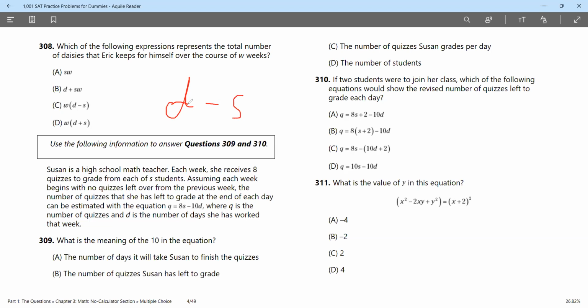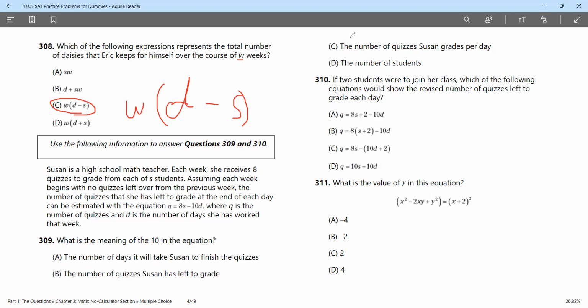So it will be D minus S, the number that he keeps for himself in just 1 week. What will be the number after W weeks? We multiply W by (D minus S).